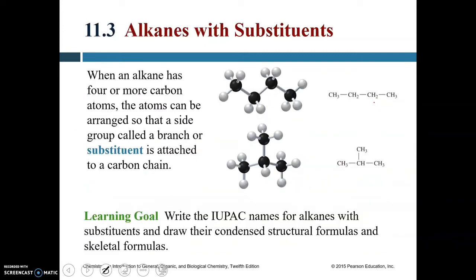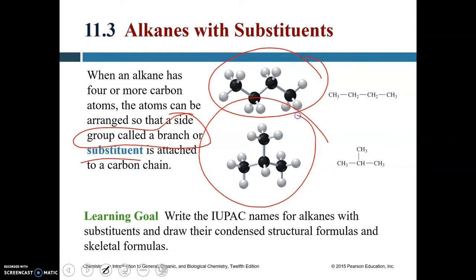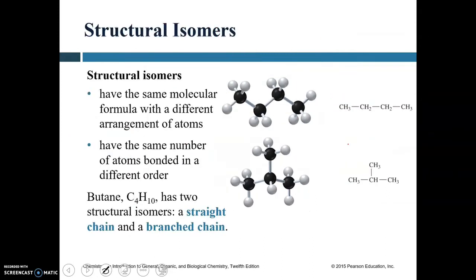Now, interestingly, when an alkane has more than 3 carbon atoms, so 4, 5, and so on, the atoms can be arranged so that one of the carbons can form a side group called a branch or a substituent. Like here you have a butane, and you have another butane, but one of the carbons is now hanging off on the side as a substituent.